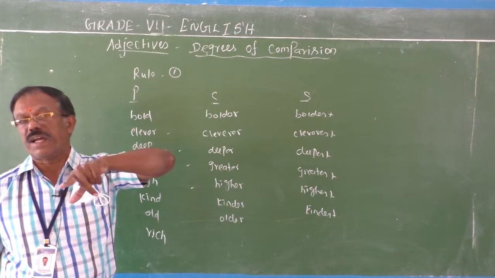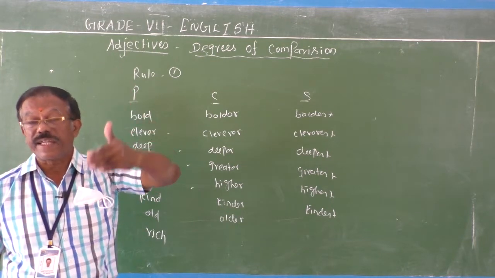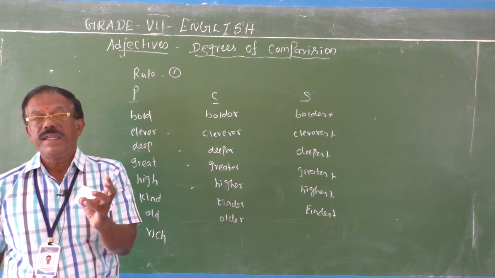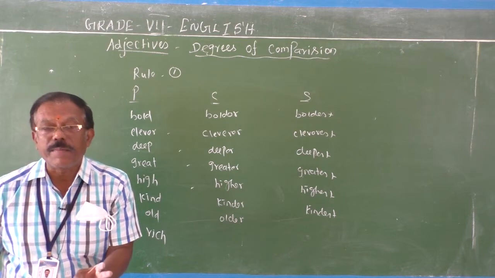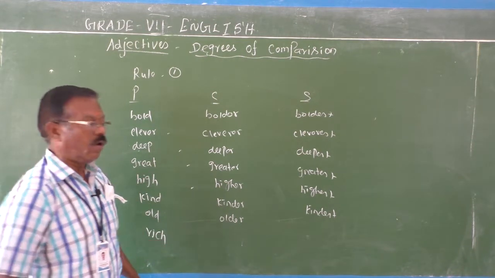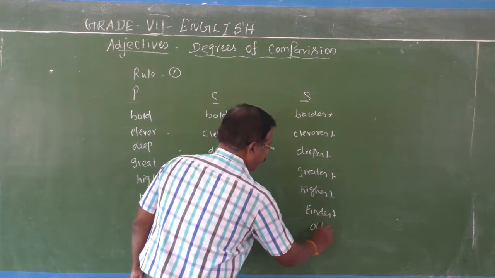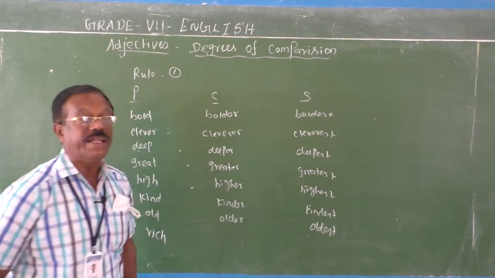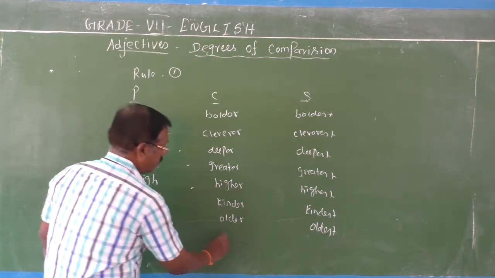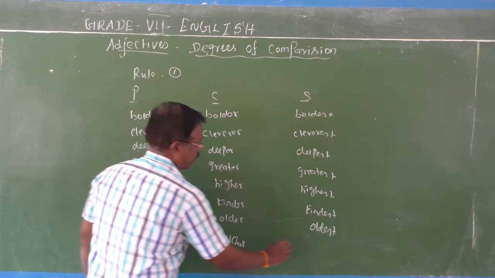Very important. Hierarchically you have to use such a word. Older, maybe when you talk about age. And it can also be used to refer to buildings. This is the oldest building. Rich, richer, richest.